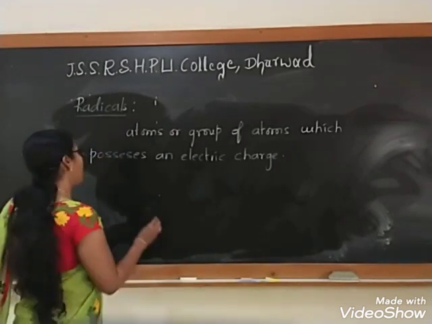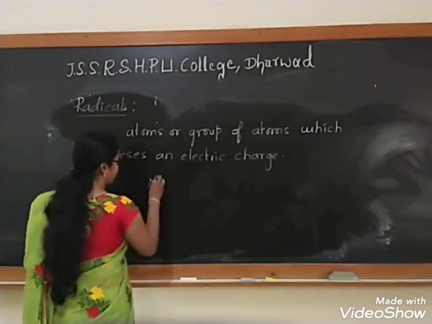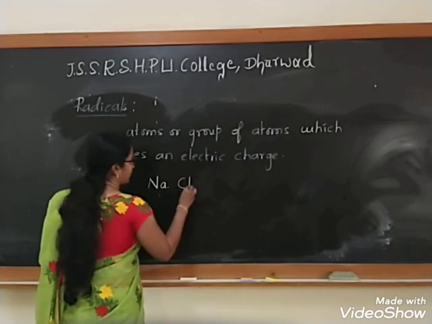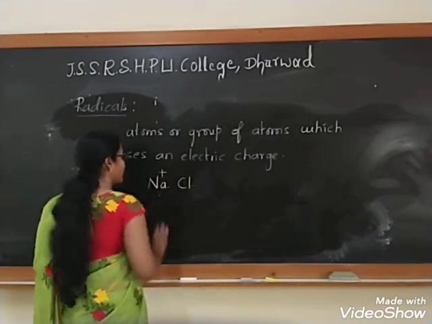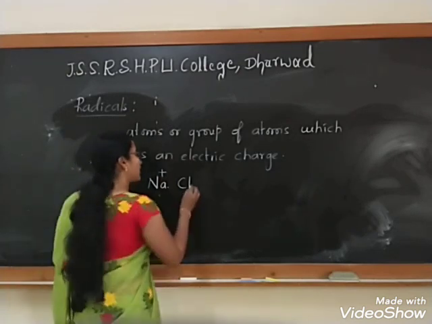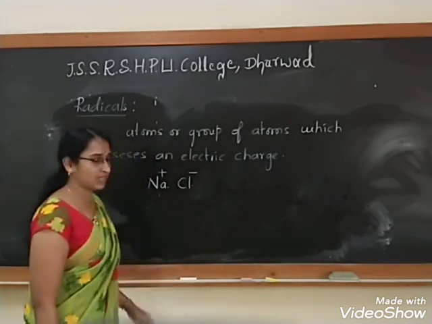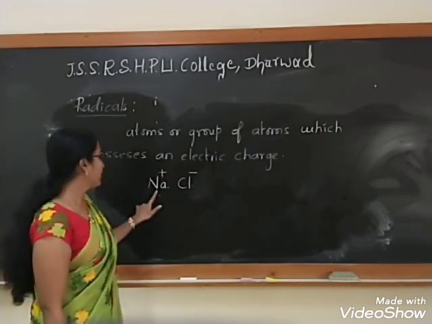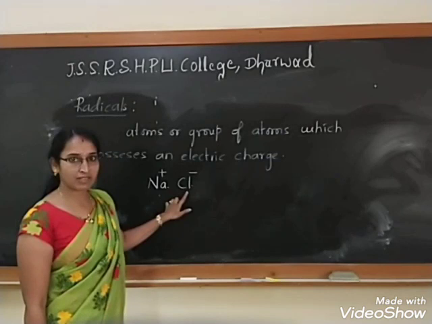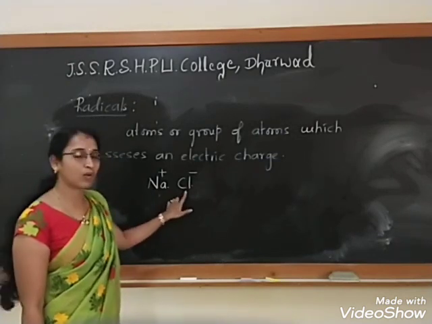So for example, sodium and chlorine. Sodium is having a positive charge and chlorine is having a negative charge. So when we consider the charge, it is known as ions. Na plus and Cl minus: this is the sodium ion, this is the chloride ion.